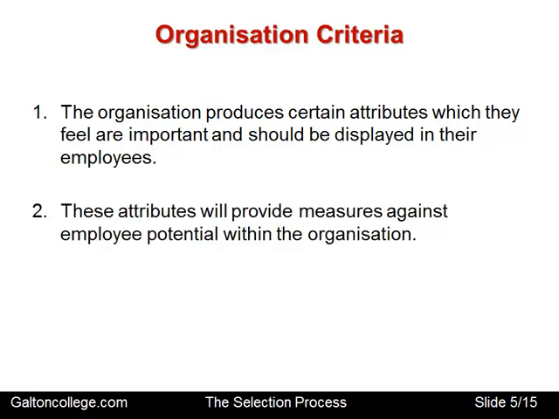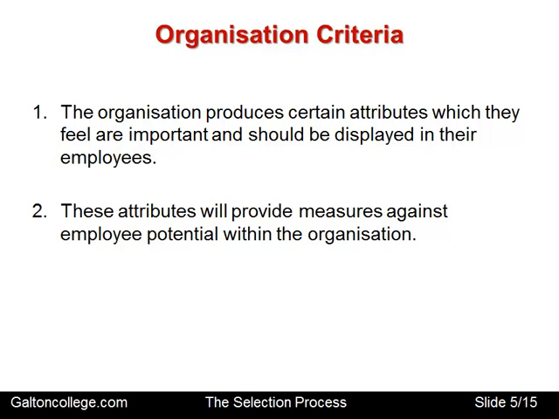These attributes will provide measures against employee potential within the organization. So to some extent, the progress of the individual within the organization can be measured by the extent to which the individual fits in with the organizational goals.